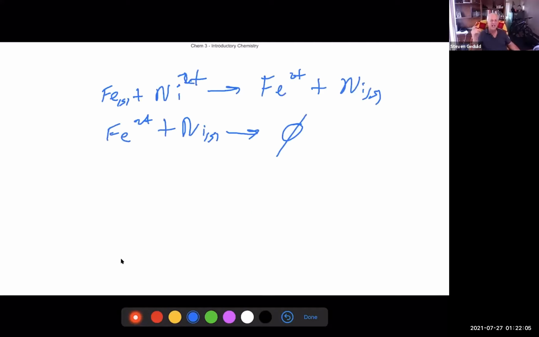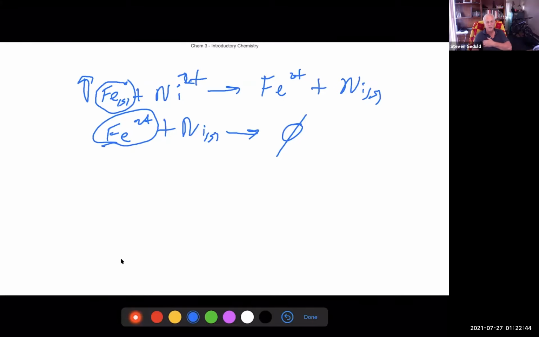It has to be lower in the activity series. If you look at the activity series, you look for Fe. Fe is iron. You find iron is roughly about halfway through. And you look for nickel. Nickel is below iron. So iron is more reactive than nickel. Iron is above nickel on the activity series, so it will react.